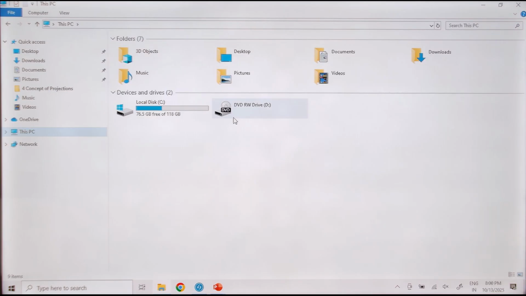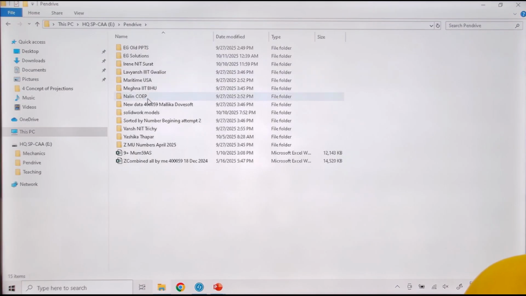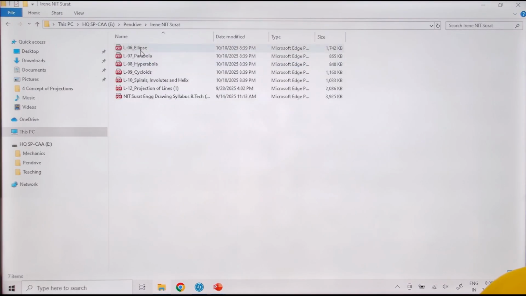Okay, let me check if it is there. I've kept your data. Your name. Okay, I don't have your data currently here. Yeah, NIT Surat. Yes. So we are going to do parabola, right? This is what your notes were.